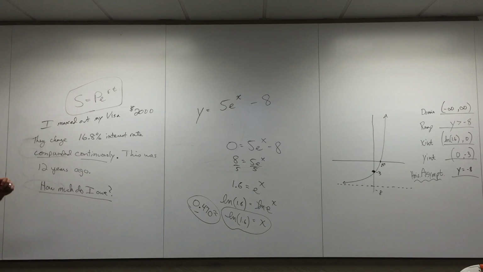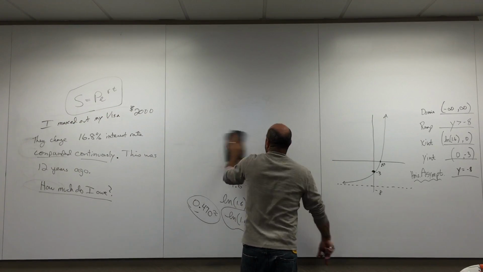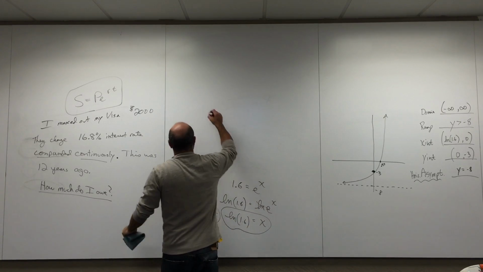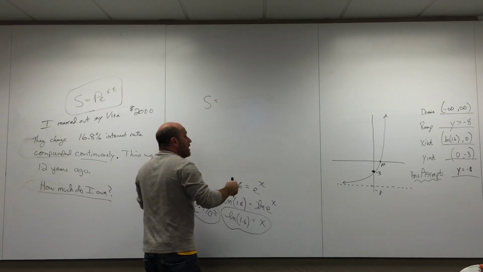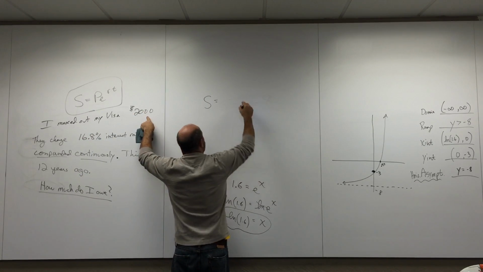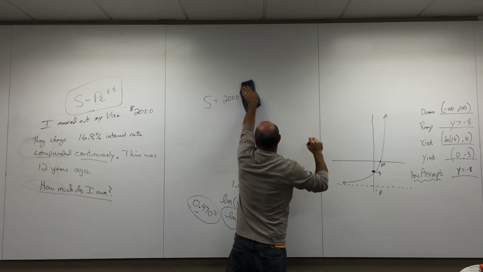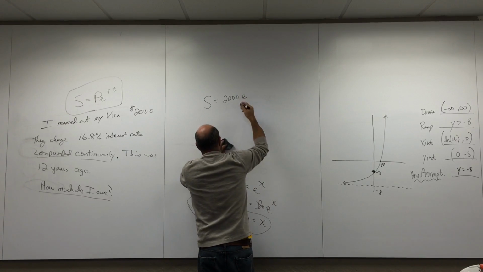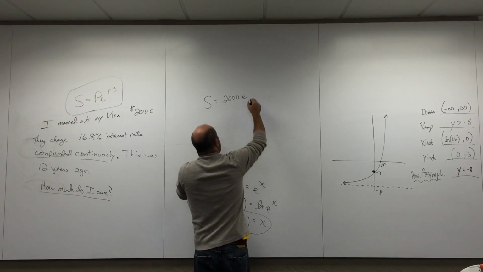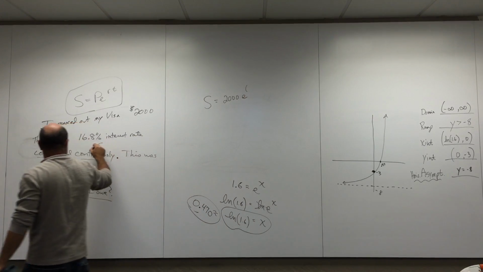It's really easy to use this formula in a way. Here we go. I guess S is what I'm looking for, the future amount. But I started with a balance of $2,000. I have this base e, it's just a number e, you guys, raised to the interest rate, which is 16.8%.